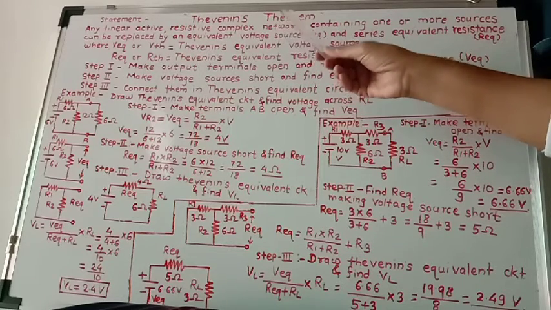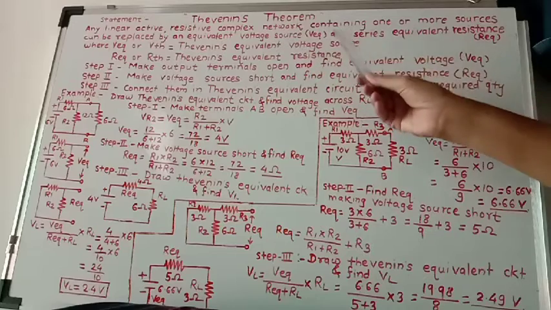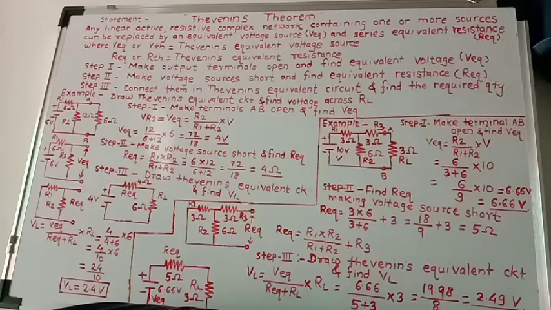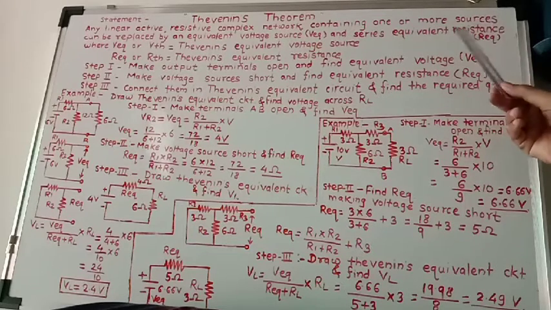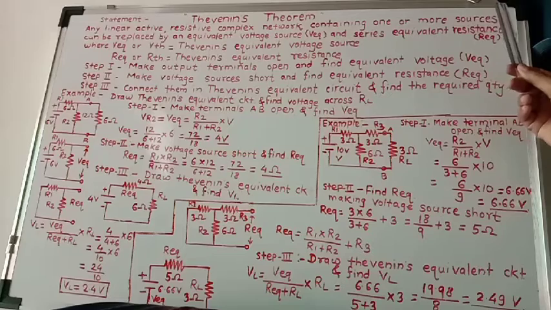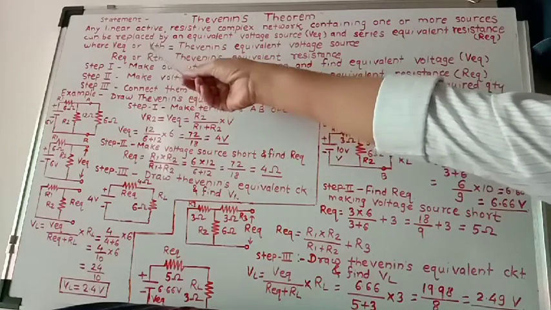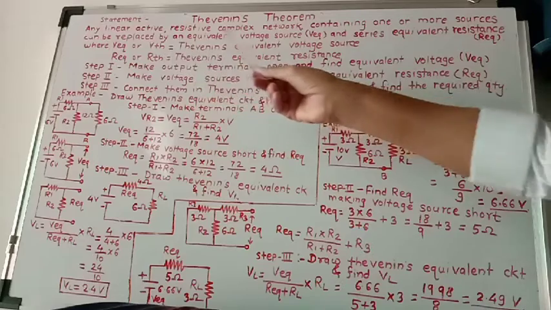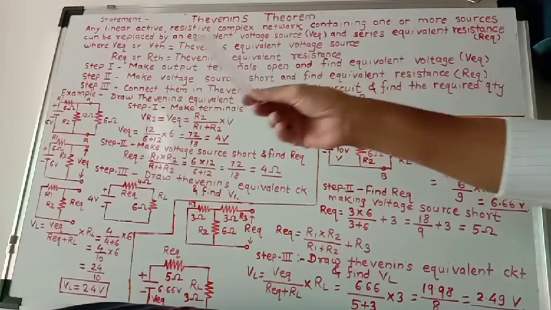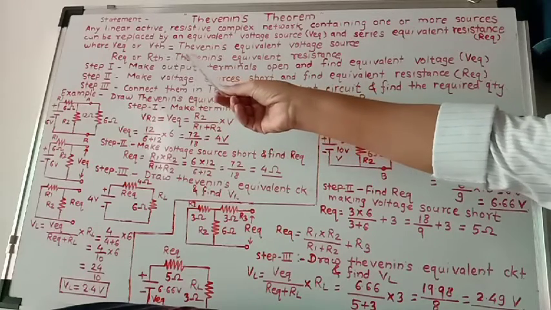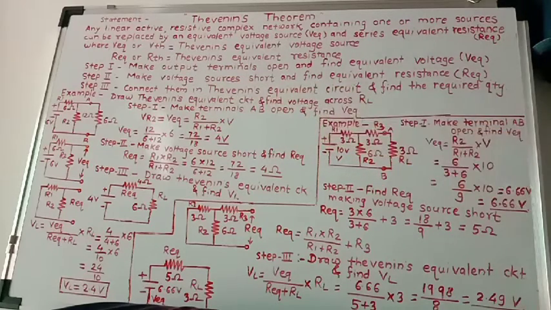It is also called Thevenin's equivalent voltage and a series equivalent resistance, R equivalent or RTH, Thevenin's equivalent resistance, where V equivalent or VTH is Thevenin's equivalent voltage source and R equivalent or RTH is Thevenin's equivalent resistance.